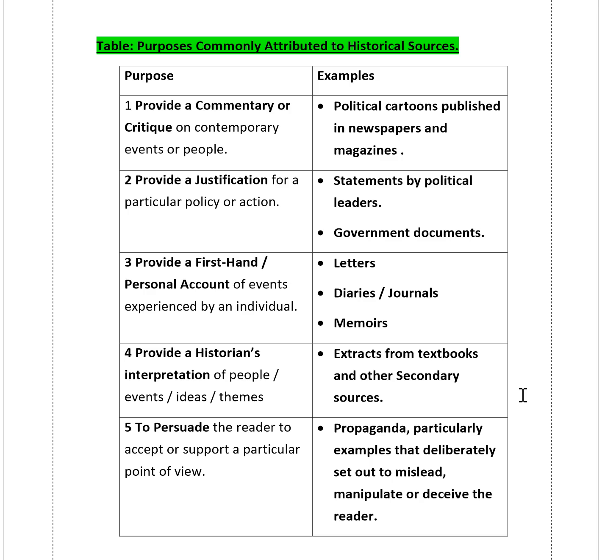It might be also not just to provide a justification, but in Hitler's case, it could also be to motivate people to carry out his policies, or inspire them to join the Nazi Party. So when you're writing about a purpose, you want to use what I call action words. So they're kind of doing words and verbs.